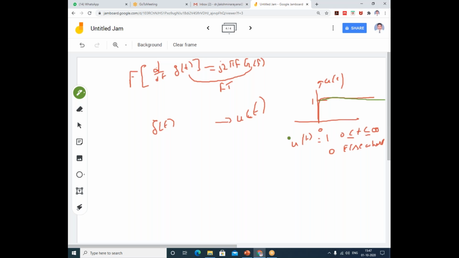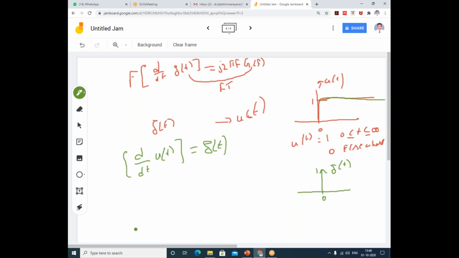So when you differentiate this unit step function, you will get a waveform like this, which varies from 0 to 1. I can represent this as del of t. That means from the unit step function, I get del of t by differentiating it. So I can write the relation d by dt of u of t, which is nothing but del of t.